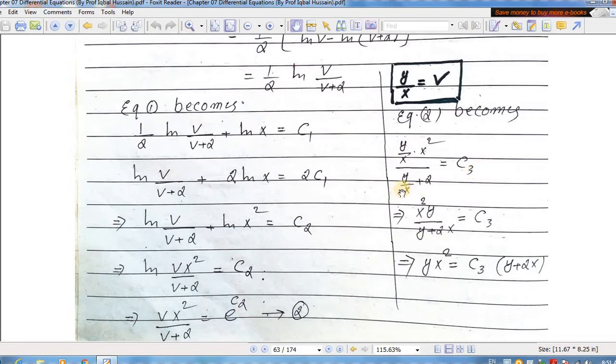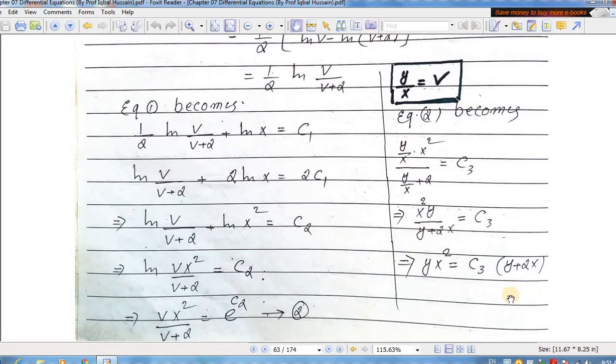Now simplifying y plus 2, this x will be here, so we will get y plus 2x, and this 1x will be cancelled, so we will get yx, and this x will be shifted to the numerator. Finally we will get x square y divided by y plus 2x is equal to c3, and we can write yx square is equal to c3 times y plus 2x. So this is the general solution of question number 8.